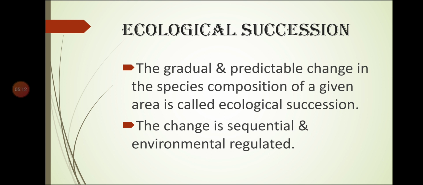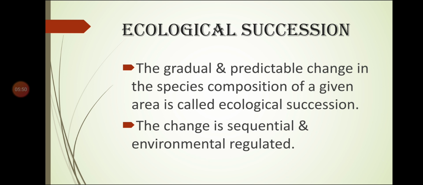So the species composition of that area has changed. From animals, the species have changed to human beings. That means the gradual and predictable change in species composition of a given area is known as ecological succession.